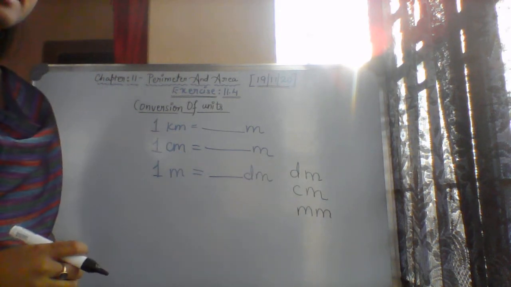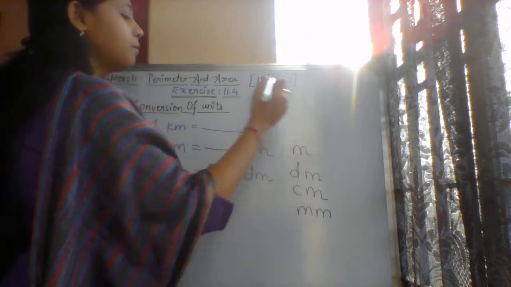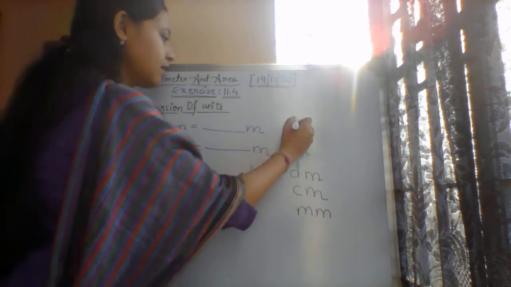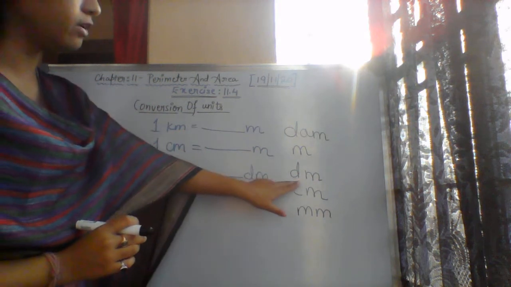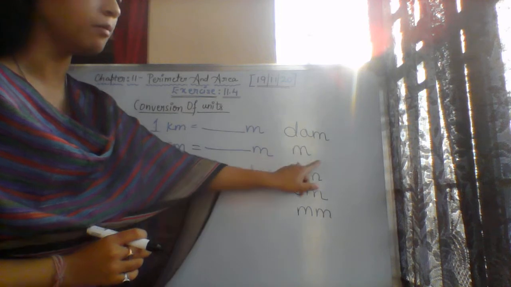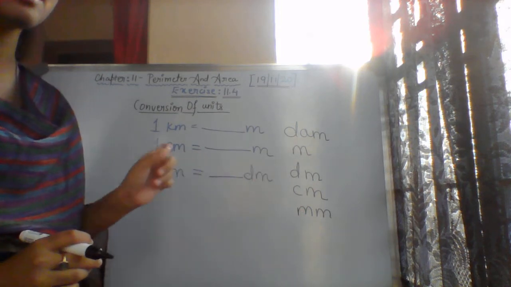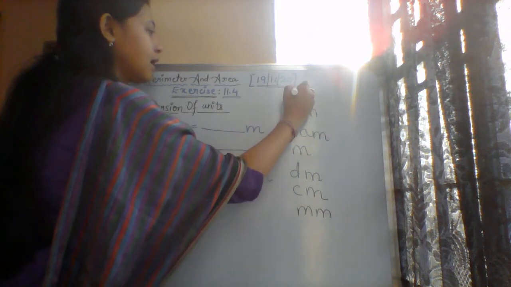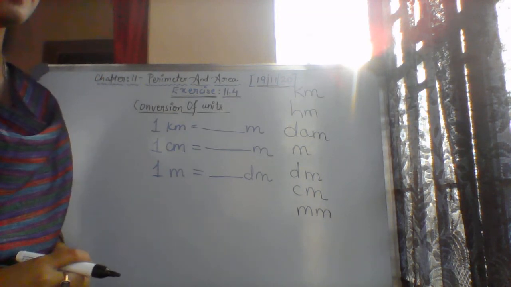After decimeter, meter. After meter, decameter. So there is a difference between dm and dam. Dm is decimeter and dam is decameter. Okay, after this, hectometer, and the bigger unit, that is kilometer.